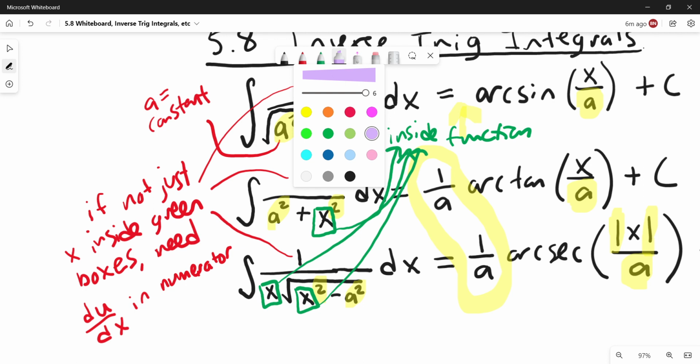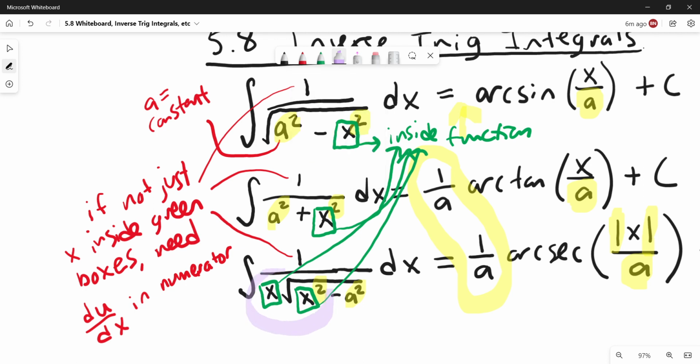Okay, notice here that this x and this x squared are together when you see the arcsecant formula. And this x squared term, that's the one being subtracted in the arcsine, right? Whereas in the arcsecant formula, the x is not the one being subtracted, it's the a that's being subtracted. That's really important, okay?